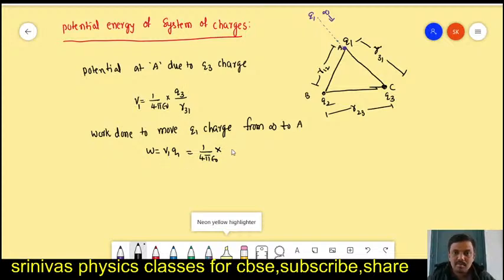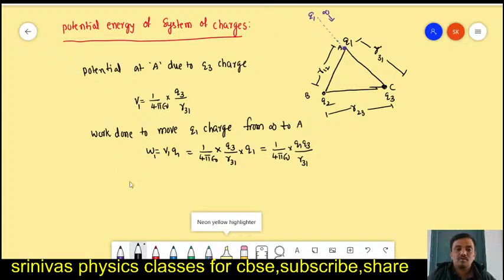V1 is 1 by 4 pi epsilon naught into Q3 by R31, into Q1 we have to write. Then we will get 1 by 4 pi epsilon naught into Q1 Q3 by R31 or R13 we can write. This is W1.